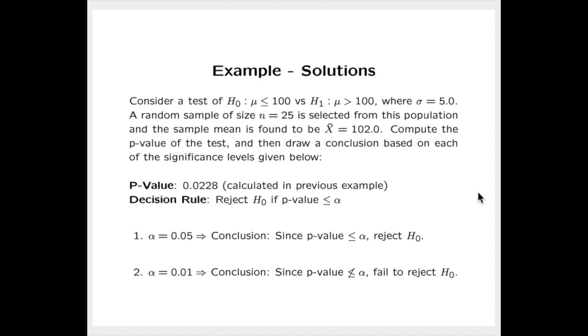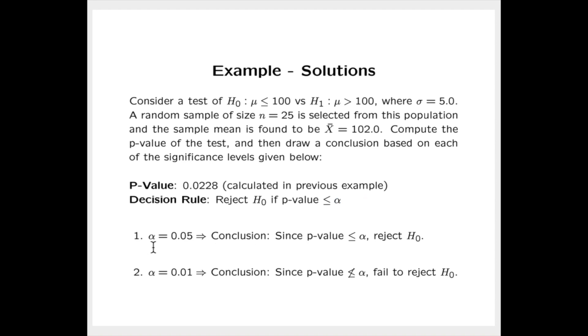All right, so here's the solution. Remember that for this situation, assuming x bar was equal to 102, we calculated in the last example that the p-value is equal to 0.0228. And the decision rule that we're going to use, this is how you make decisions using p-values: we reject the null hypothesis if the p-value is less than or equal to the significance level being used for the test.